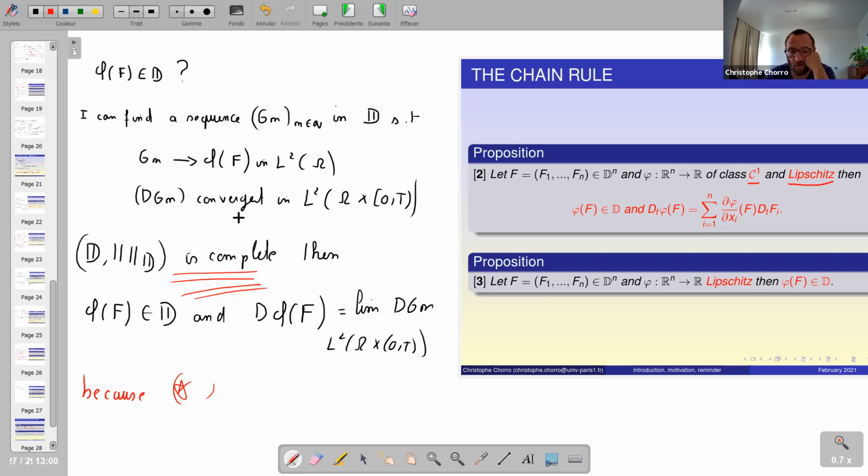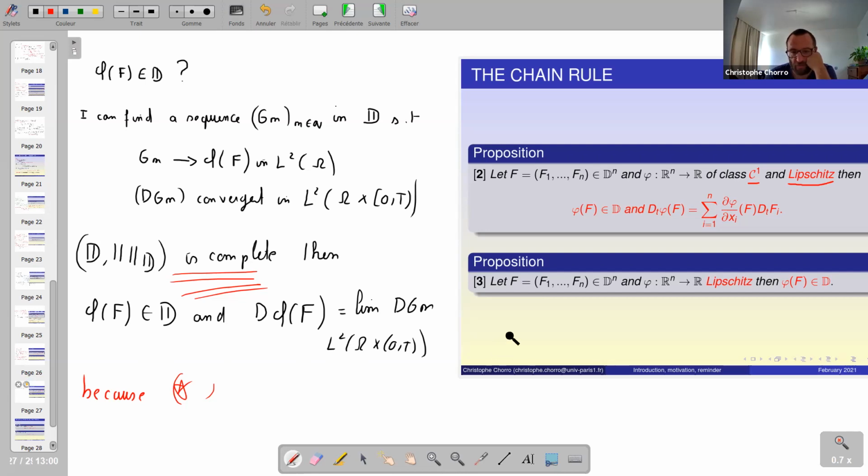What is more, the fact that the limit exists implies that the derivative of the limit is equal to the limit of the derivatives. So in fact, here is what you have to do in order to prove this result: we have to find such a Gn and compute at the end the limit of D of Gn in order to obtain D of phi of f. So that's what we are going to do.